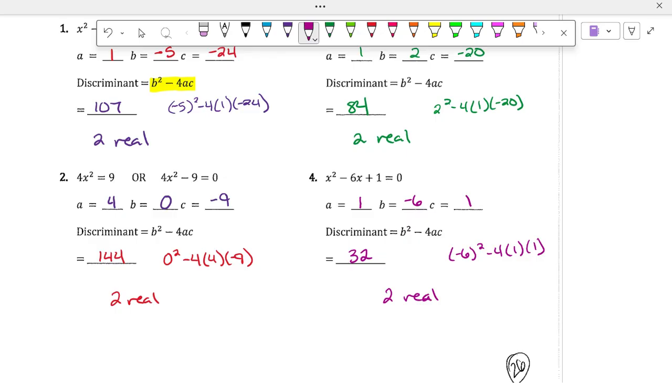So it probably helps if I put this over 2a. Sorry. So this would be b squared over 4a squared. So plus b squared over 4a squared. Now remember, whatever we do to one side, we gotta do the what? Other.